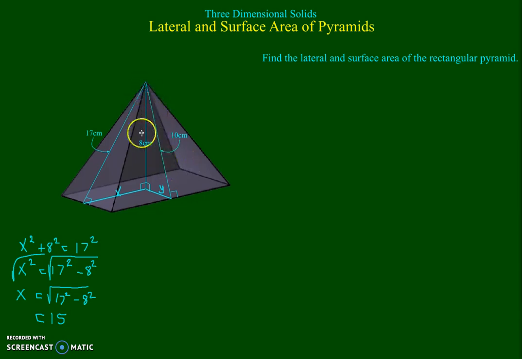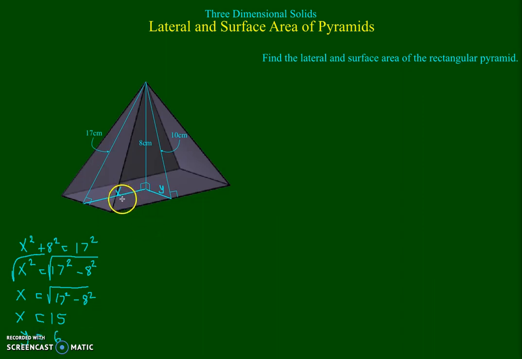Now this triangle in here, this is also a Pythagorean triple. This happens to be a 3, 4, 5 right triangle with a multiple of 2. So since this is 4 times 2, 5 times 2, this has to be 3 times 2, which is 6. So we know that since this is X, Y is going to be equal to 6.